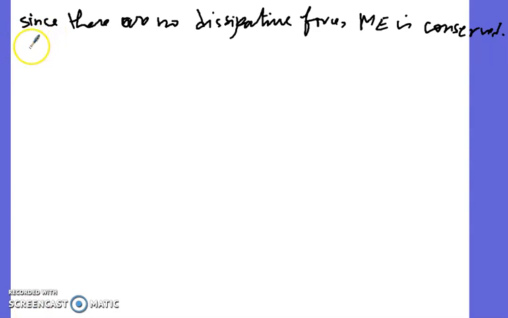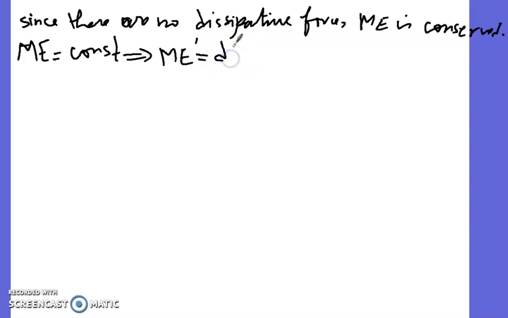This means mechanical energy equals constant. Okay, good. So what's the derivative of a constant? Me prime equals the derivative, and I emphasize here the derivative with respect to time, d over dt, equal to 0.